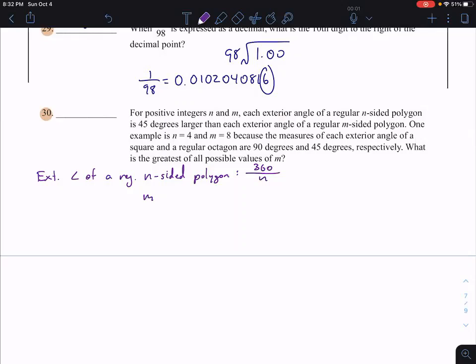So if it has m sides, then the external angle will be 360 divided by m. Okay?